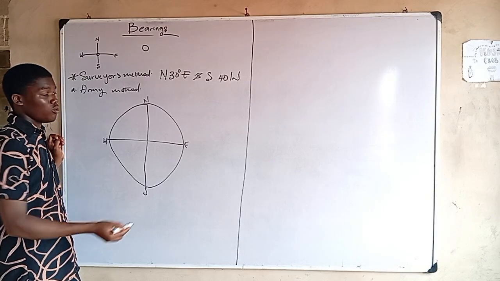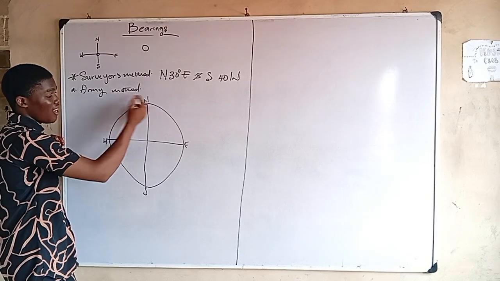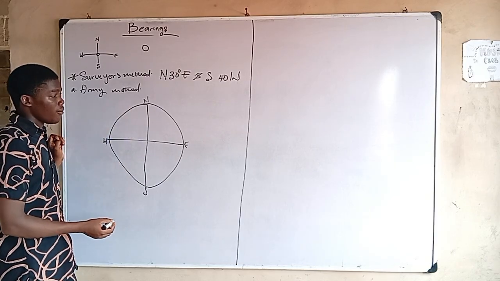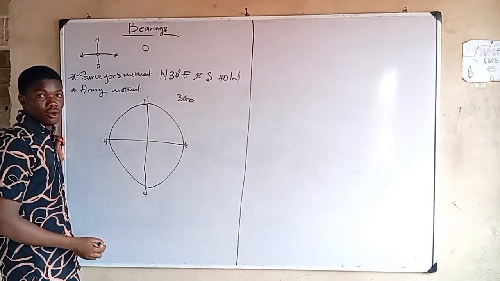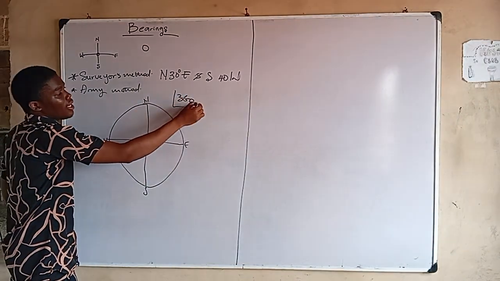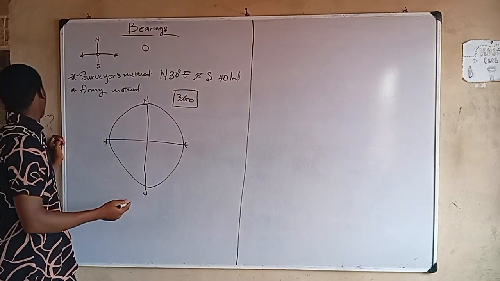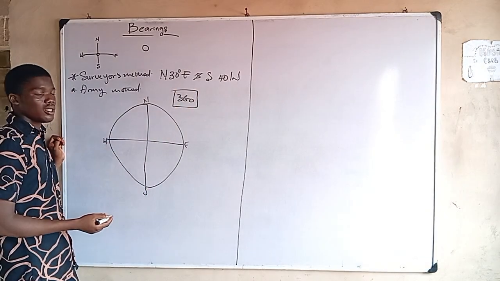In mathematics, the sum total of the angles of a circle is 360, so every number we are going to be doing is going to be under 360, nothing greater, nothing less.